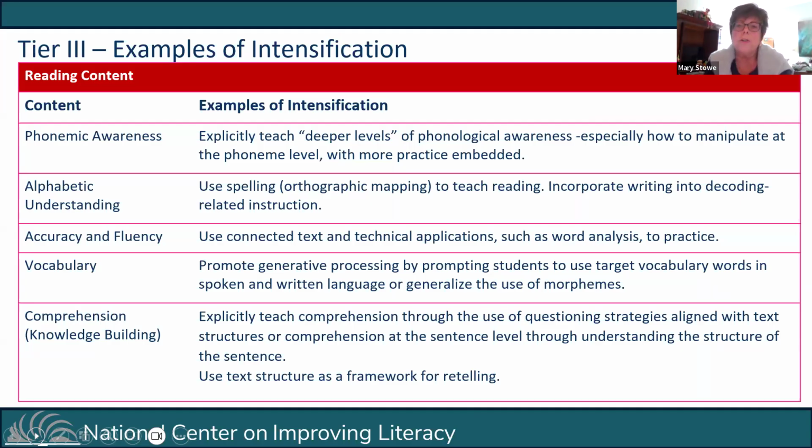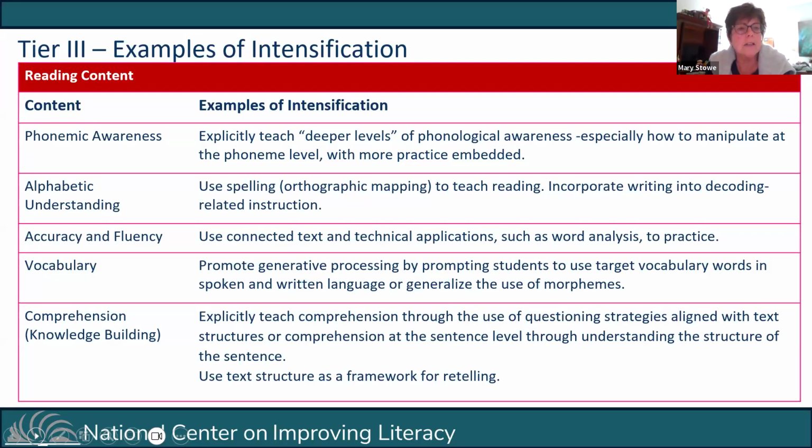We also know from research that we must begin phonemic awareness activities at kindergarten because of that very strong link that is made between phonemic awareness and a student's ability to decode and encode. So our more intense work might be around segmenting and blending of phonemic awareness activities.